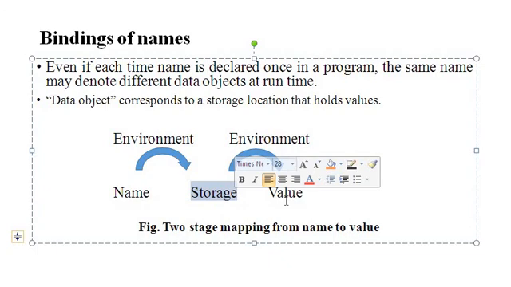When an environment associates storage location S with a name X, we say that X is bound to S. This association is referred to as a binding of X. So these 5 are source language issues: procedure call, activation tree, control stack, the scope of declaration, and binding of names.